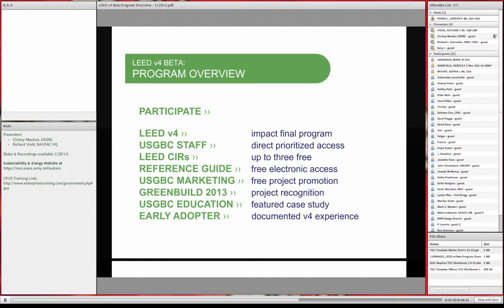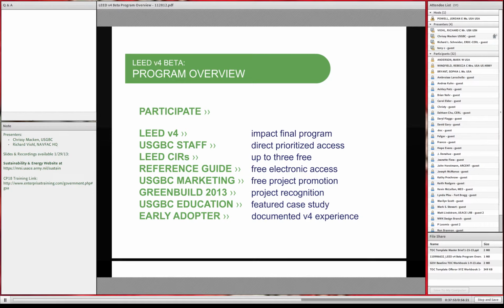In addition, free access to our electronic reference guide for participating. We have a number of promotional opportunities from our marketing and communications department, which is really great offering. We also have a number of partners, I guess not official partners, but a number of firms that we work with.